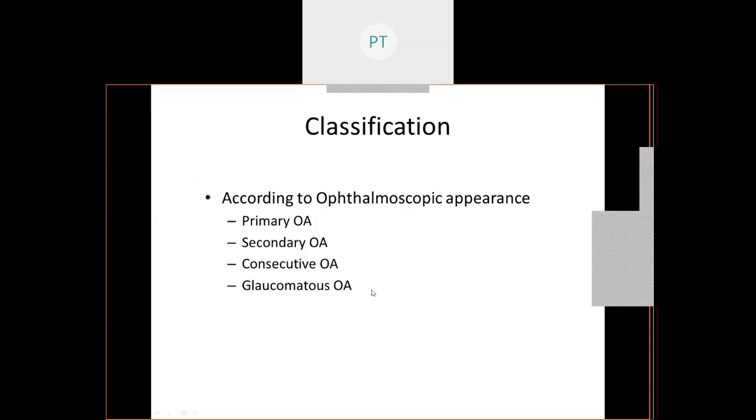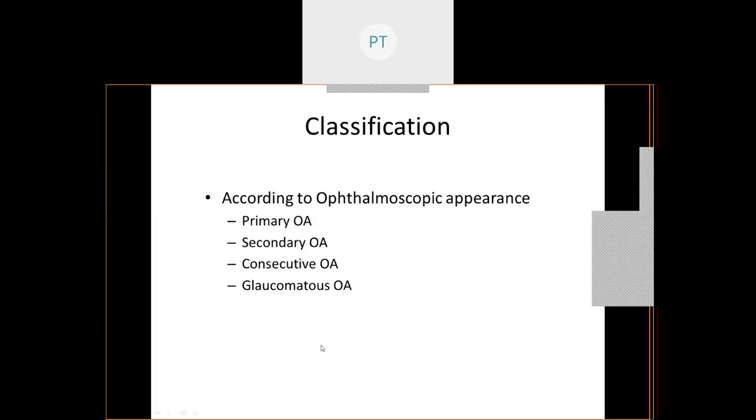So how would you classify according to the ophthalmoscopic appearance? You can have primary, secondary, and consecutive optic atrophy. In primary, usually there's no ophthalmoscopic evidence of any previous inflammation, and atrophy is due to any disease in the secondary visual neuron proximal to the disc.